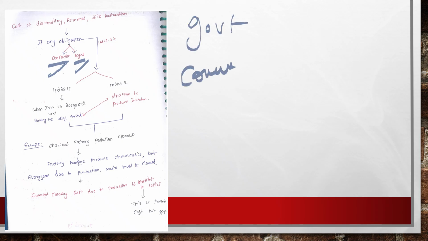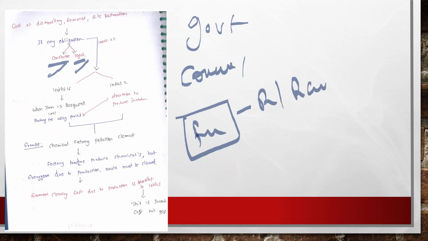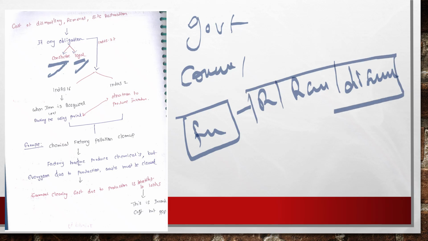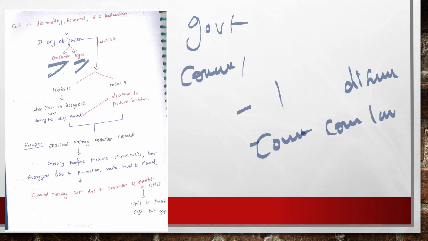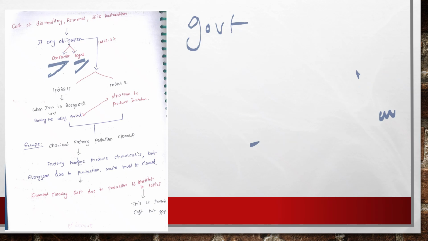Constructive obligation means while you are acquiring this site from the farmers or some other people, you clearly mention to them that we will restore this site or remove all wastage, and will dismantle all these unnecessary plants while going. Maybe you enter a contract with the customers, or with the land givers. In those situations, your constructive obligation will also come here. So either it is a legal or a constructive obligation.